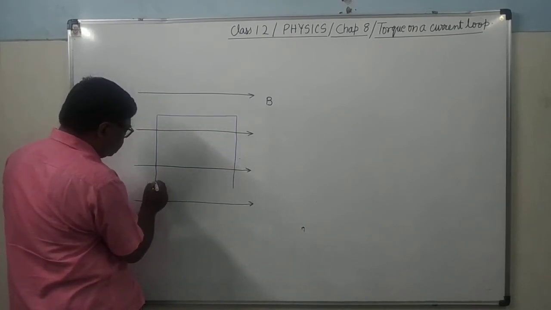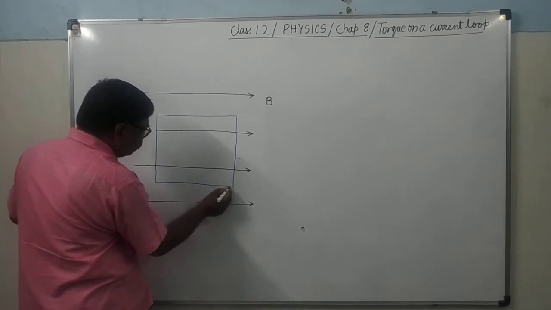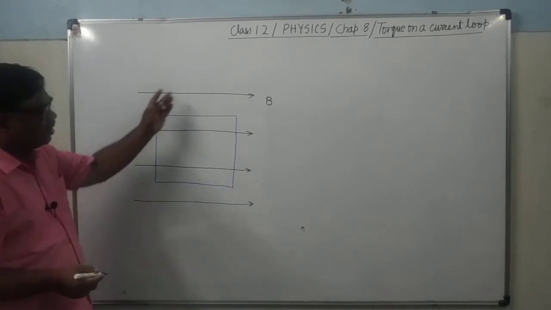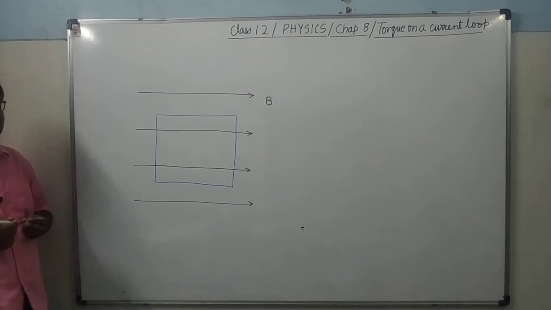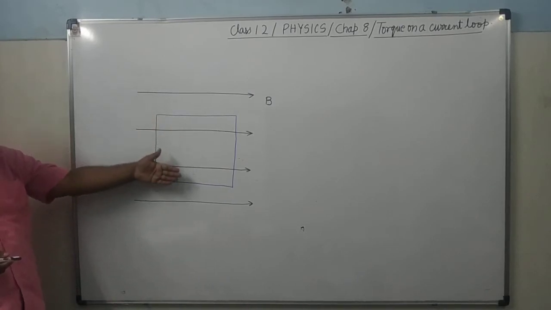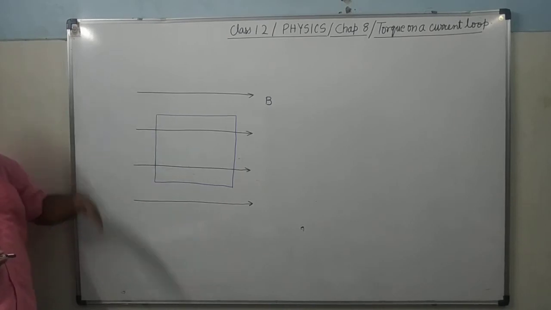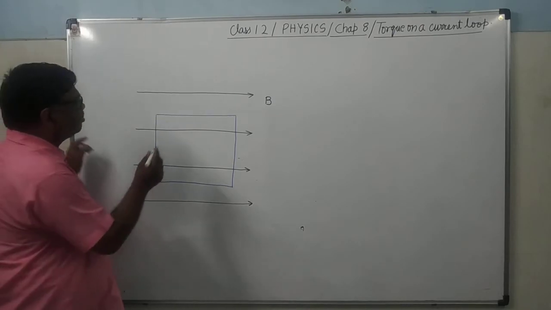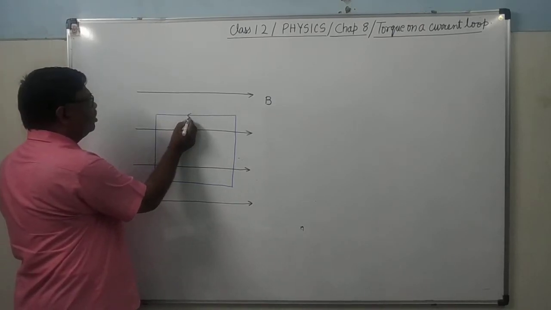Means, for the sake of simplicity, you assume that the field lines are along the plane of this board, and the plane of coil is also coinciding with the plane of the board. In this case, current is flowing this way.